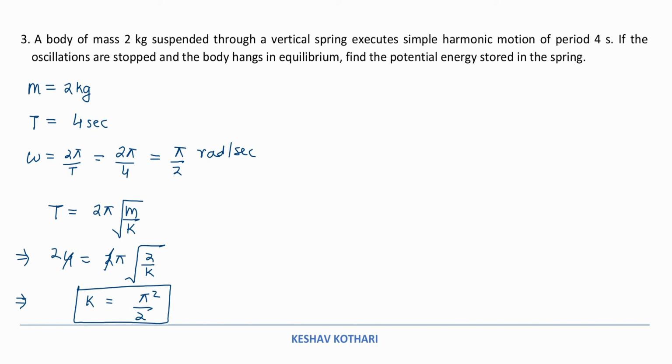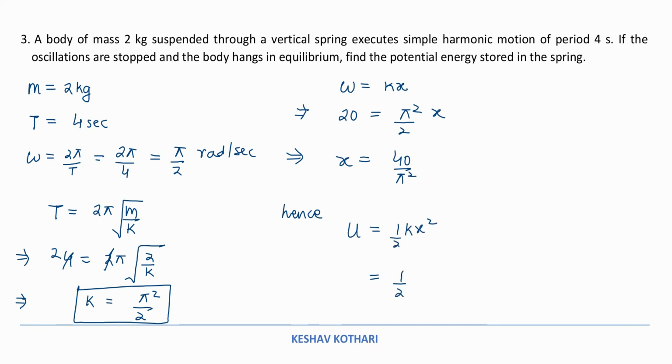That is, the weight is balanced by kx. If I write weight as mg, it is equal to pi square by 2 into x. So from here we obtain x as 40 by pi square. Hence the potential energy stored is equal to half kx square.